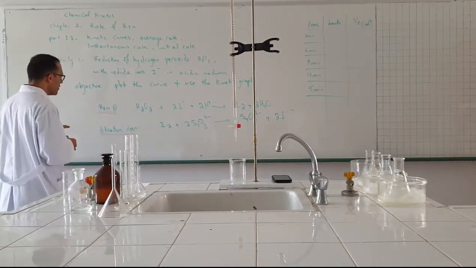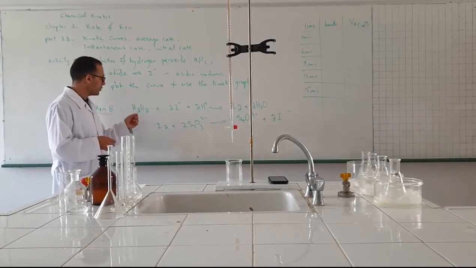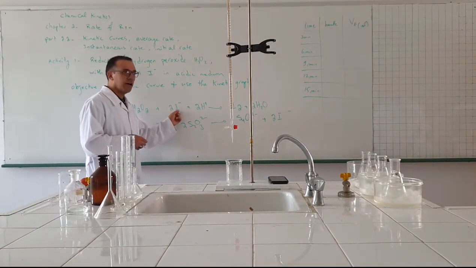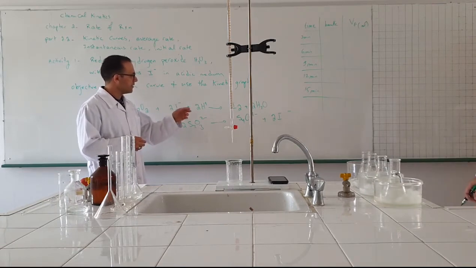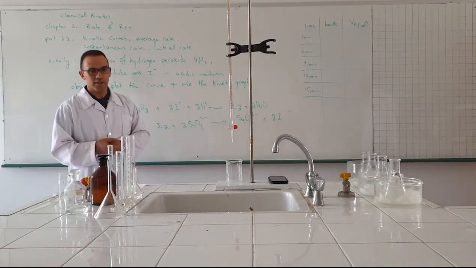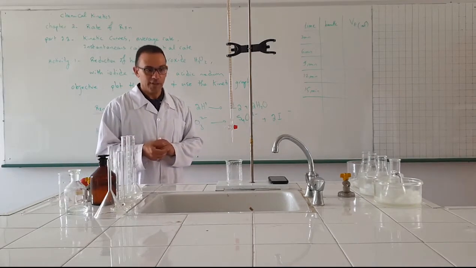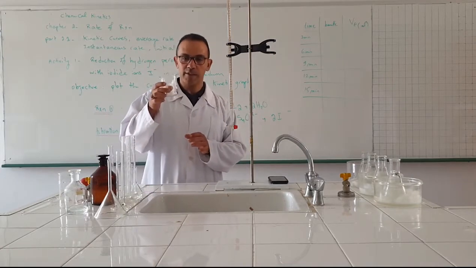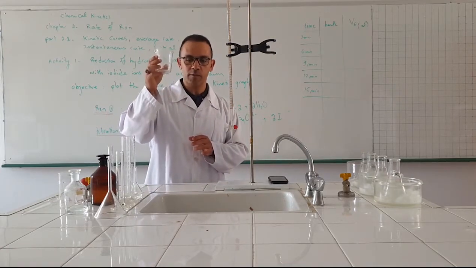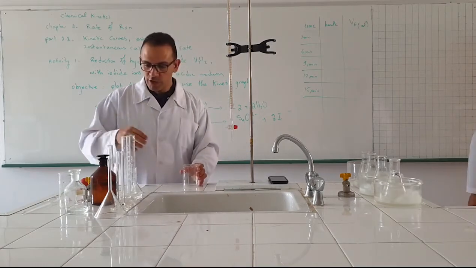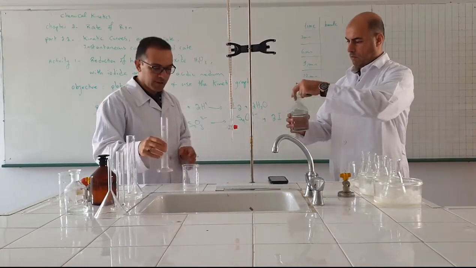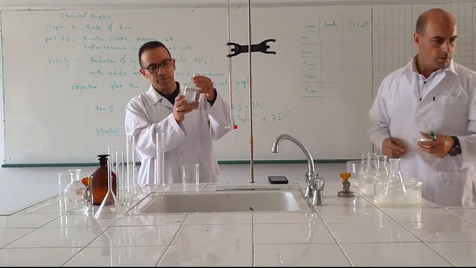First of all, we are going to prepare a reaction mixture that contains hydrogen peroxide, iodide ion solution, and sulfuric acid to provide H+ in the reaction medium. To start preparing this solution in a 250 milliliter beaker, we are going to measure using a 100 milliliter graduated cylinder the potassium iodide solution.